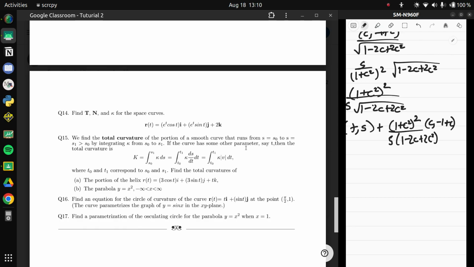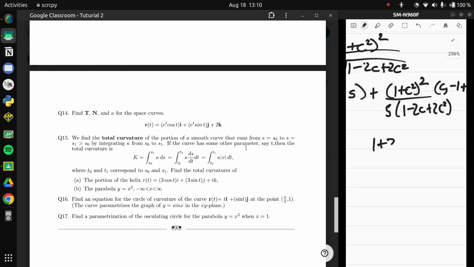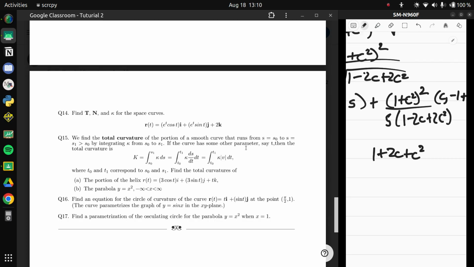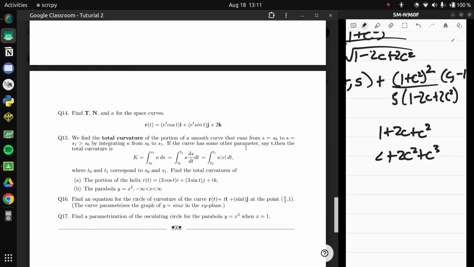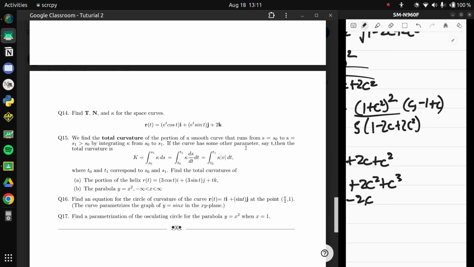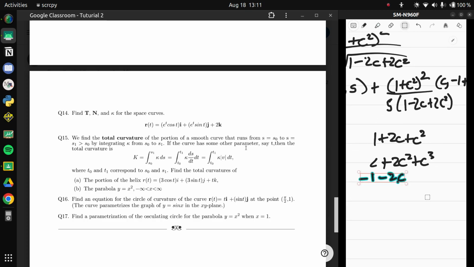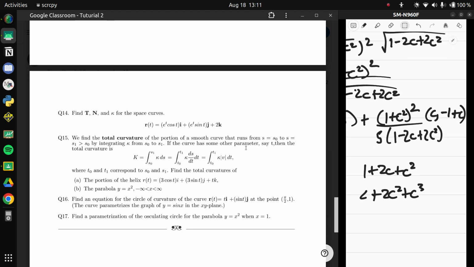Let's try to see what the numerator is: 1 plus 2 cosine plus cosine squared, times first the cosine, so cosine plus 2 cosine squared plus cosine cubed, and minus 1 of this. No, you shouldn't be doing that. Okay, that didn't go so well. It's fine, that's just how it is.